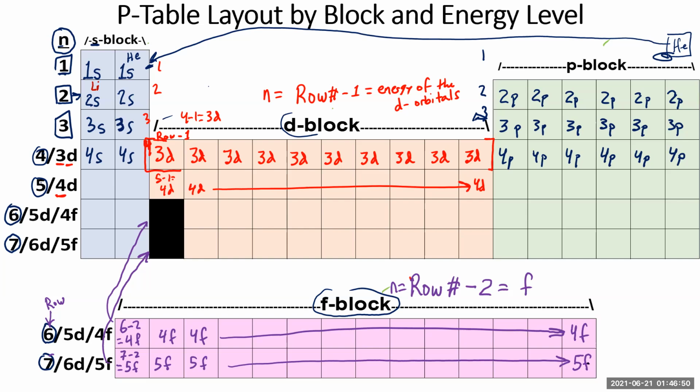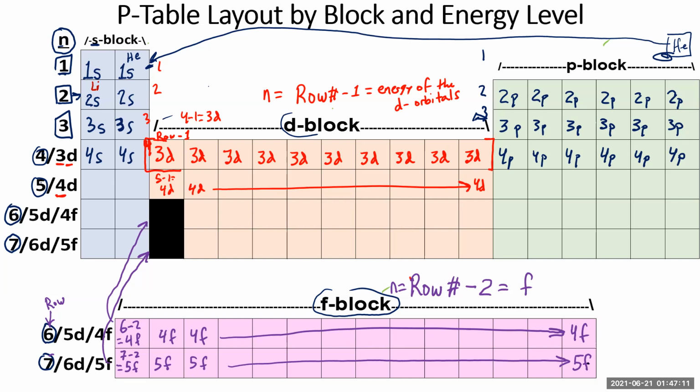That's because the periodic table is arranged in ascending order of atomic number, and by arranging it that way, it puts the D block elements on the 4th row rather than the 3rd row. And likewise, it puts the F block elements on the 6th row rather than the 4th row. That's simply the way it goes.